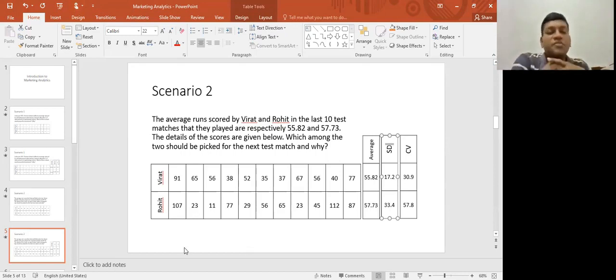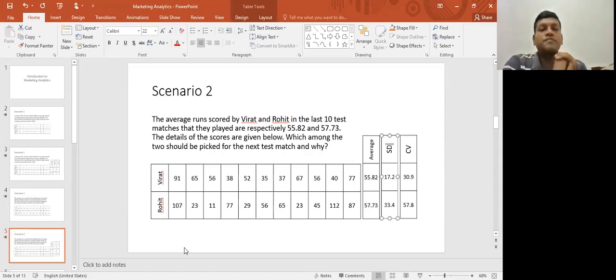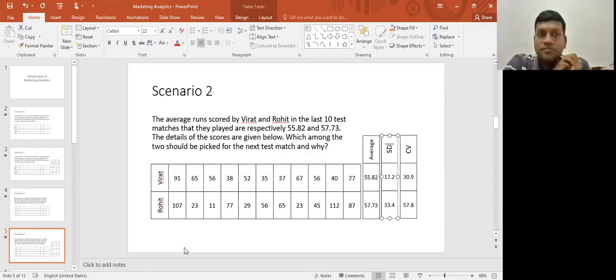What do you think we should be taking? Sir, ideally, I think it should be based on the sample standard deviation formula, which is divided by n-1, because we have taken a sample of observations out of so many innings that Virat and Rohit might have played.